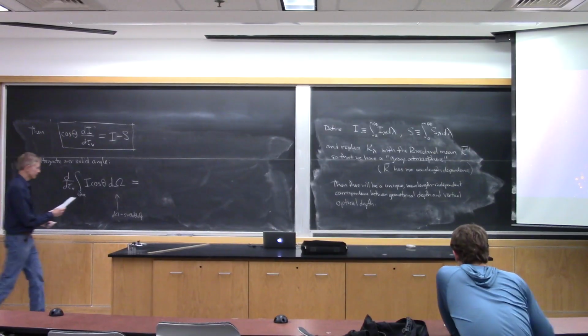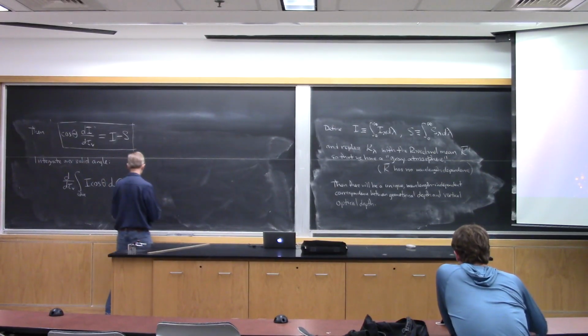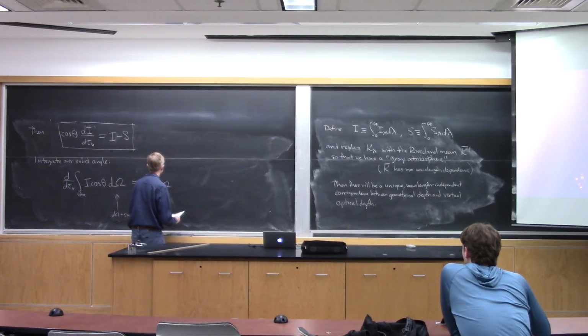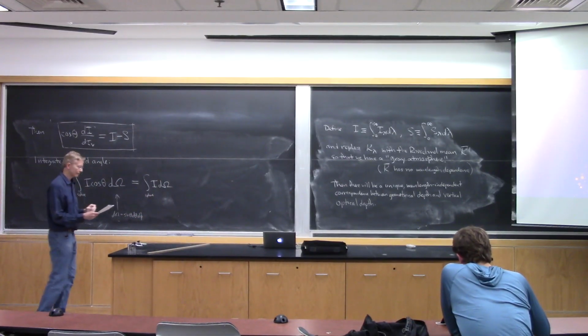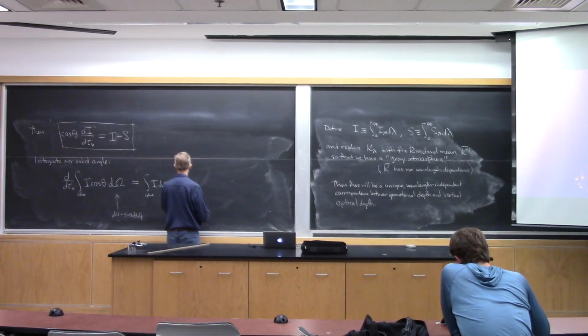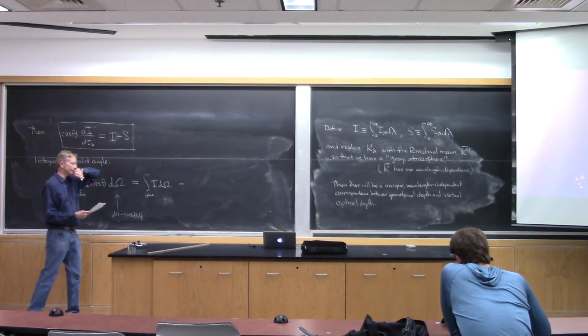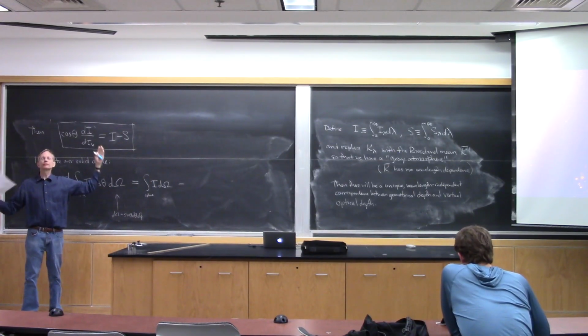On the other side, then we'll have the integral over the sphere of I d omega minus, now the source function is something that should be isotropic.